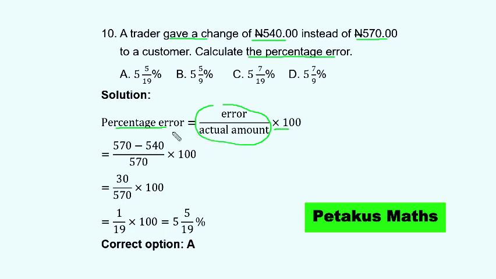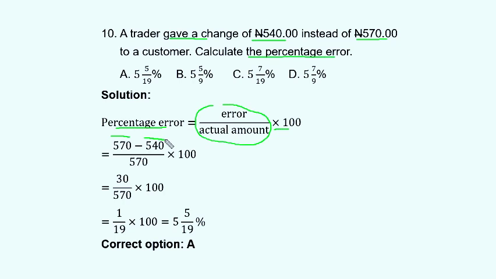So percentage error is equal to actual amount 570 minus wrong amount 540 divided by actual amount 570 times 100. You subtract from here, you have 30 over 570 times 100. 0 cancel 0.